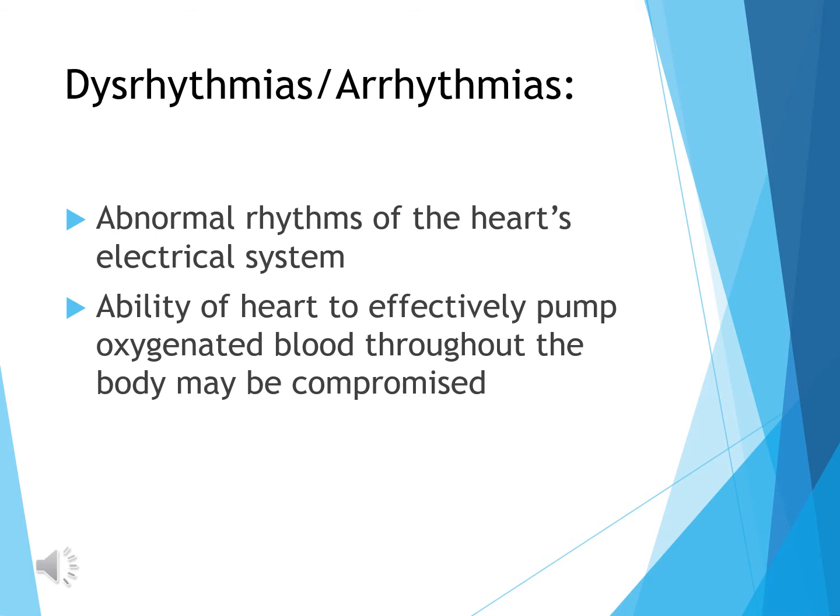So dysrhythmias or arrhythmias are abnormal rhythms of the heart's electrical system, which we looked at in our skills lab this past week. The ability of the heart to effectively pump oxygenated blood throughout the body may be compromised.